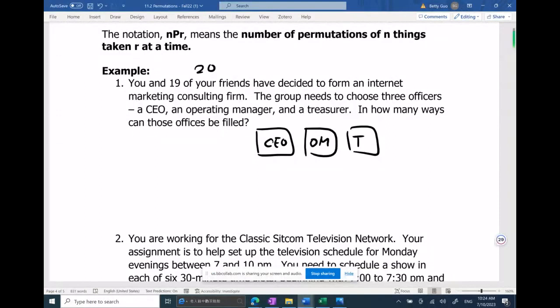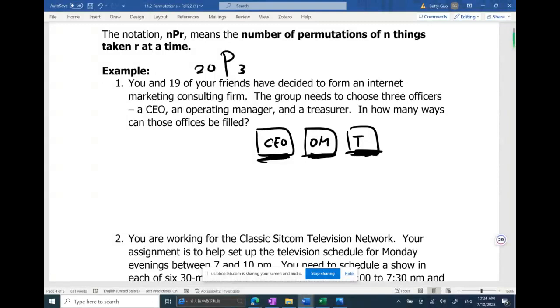Your task here is to select 3 from 20 people, including you, and make an ordered arrangement. Yes, order here matters. You are the CEO, I'm the OM. Let's say Mike is the treasurer. Would it be different from Mike is the CEO, you are the OM, and I'm the treasurer? Do you see what I'm talking about?